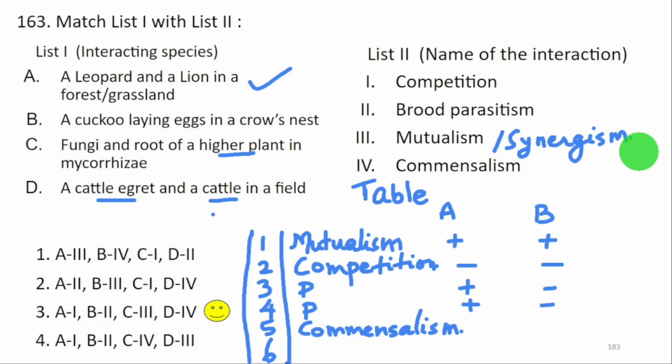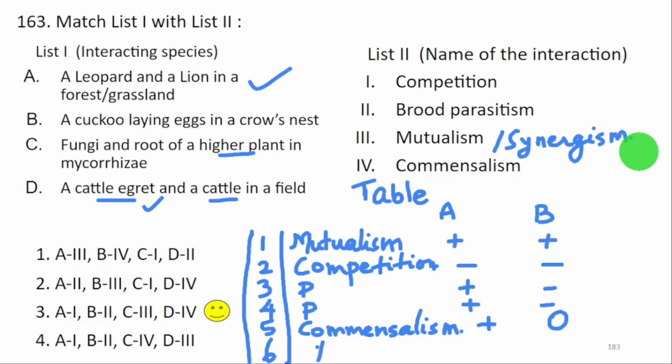So the worms which will come out will be fed by the egret. So this is how egret is benefited. Cattle is unaffected, but egret is benefited. So this kind of association in which one is benefited and other is unaffected. Cattle is not harmed. So cattle is unaffected. So this is called commensalism.